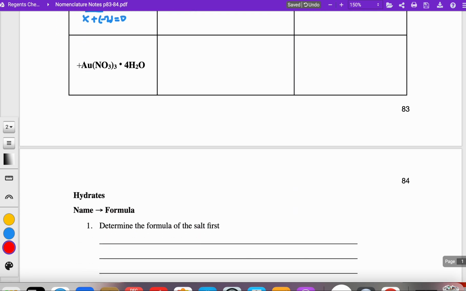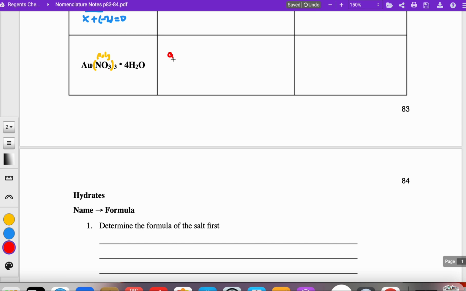Last example here, we have this hydrate, Au(NO3)3, big fat dot, 4H2O. So when we take a look at this, notice the parentheses here around the NO3, so we know that that's a poly. So looking that up, we know that that's nitrate, and Au is gold.